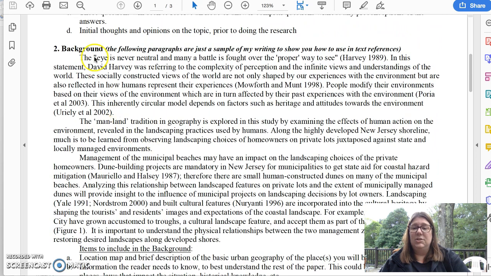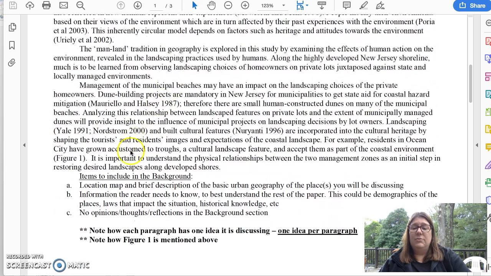Okay, your next section heading should be called background. Okay, and the background is going to include any sort of background information that the reader needs to understand your topic and your urban places. Okay, so this is the only section where you're not solely aiming to answer your research questions.